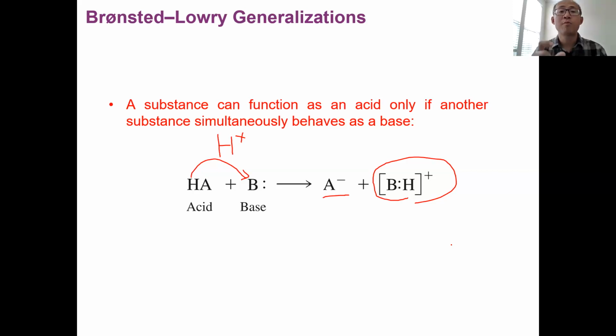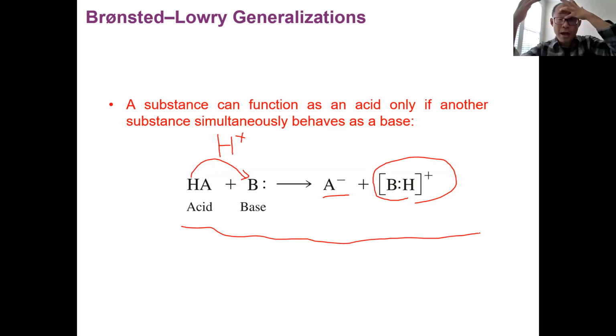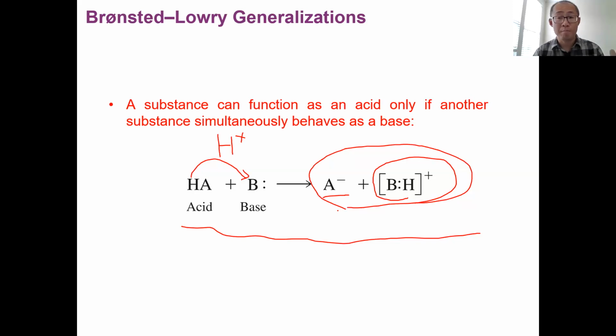That's what we call the Bronsted-Lowry generalization: the theory of acids and bases is the transfer of protons. This is the generalized reaction showing an acid and base reaction. Very important. You need to understand the species that donates the proton, the species accepting the proton, and what both acid and base become after donating and accepting. Acid becomes A minus, base becomes BH plus.